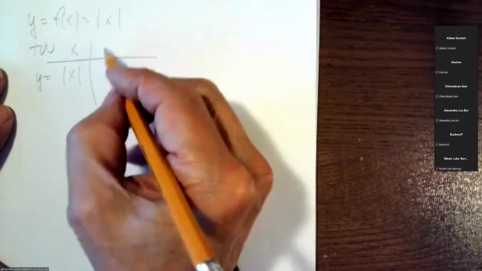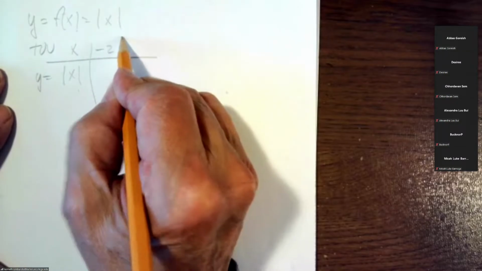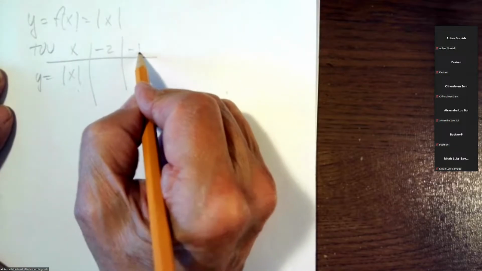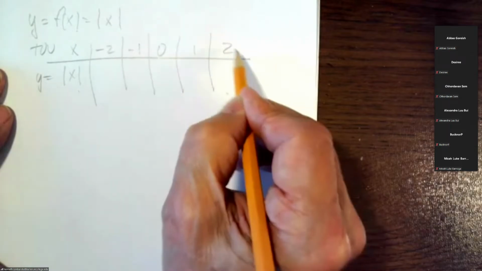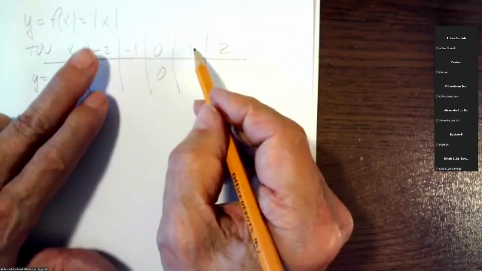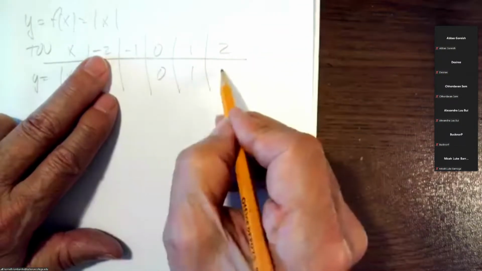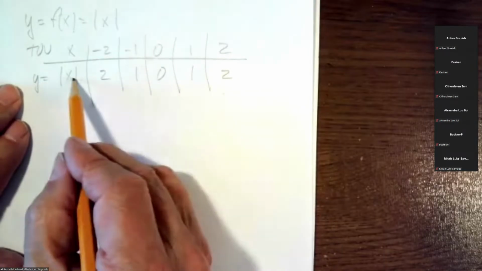If I plot from -2, -1, 0, 1, 2. At 0, it's 0. At 1, it's 1. 2, it's 2. -1, -2, right? Just the absolute value.